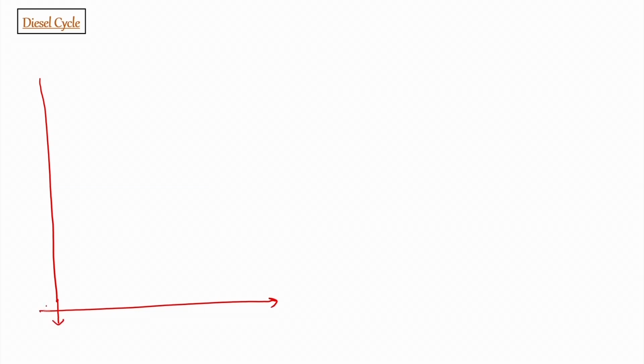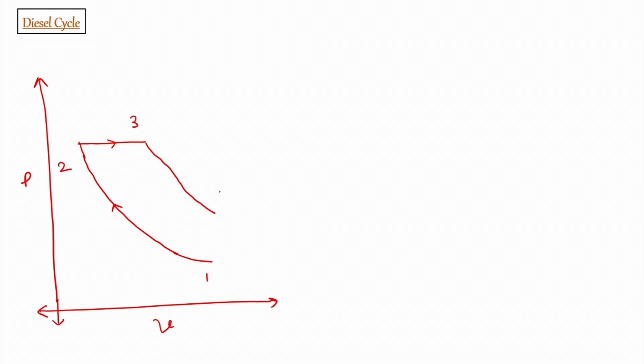So, for diesel cycle we also know that there is diesel engine and it is also an internal combustion engine, and PV diagram for this diesel engine is like this, where we have first 1 to 2 process is same as isentropic compression, then at 2 we have constant pressure heat addition from 2 to 3, 3 to 4 is isentropic expansion, and 4 to 1 is constant volume heat rejection.